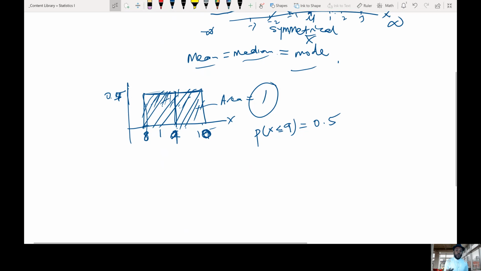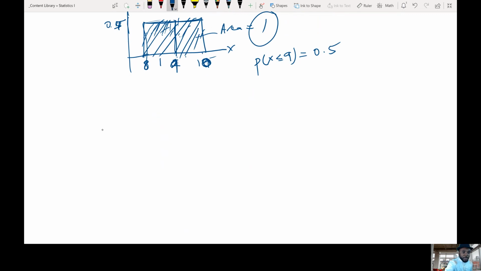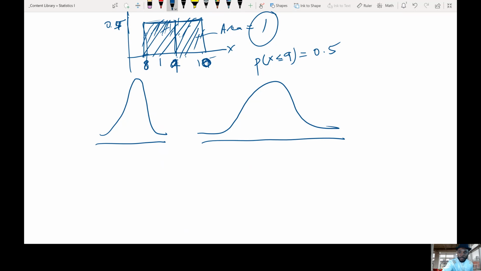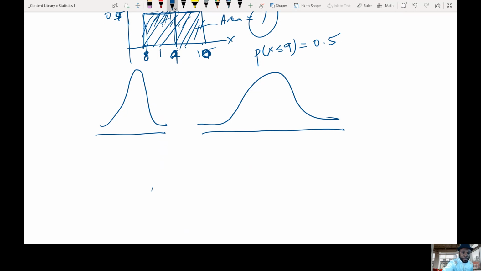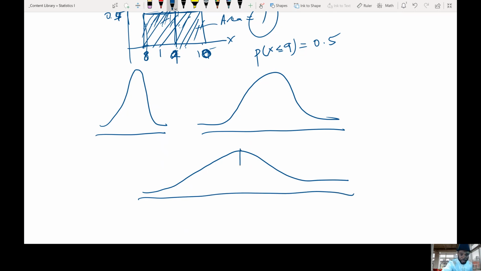Irrespective of how we draw our normal distribution, whether I draw it smaller this way, or very big this way, or even much wider, as long as this is symmetrical, with this center point, the area to the left will always be 50%, and the area to the right is also 50%, 0.5, 0.5.